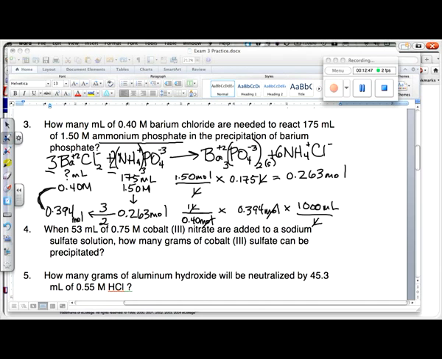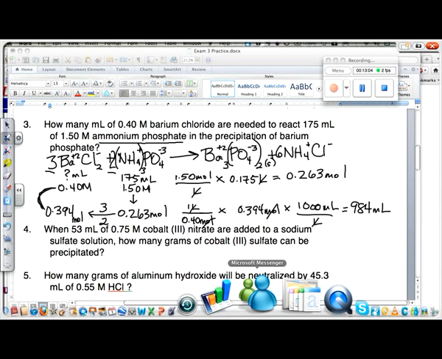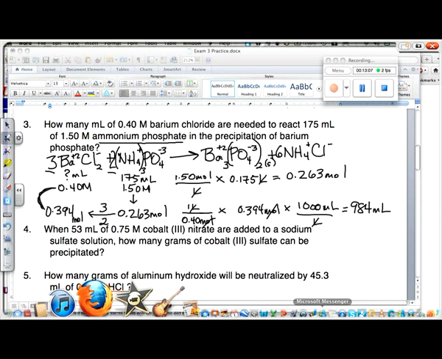And I end up with 984 milliliters. I'm going to check that one more time. It looks about right given the big difference in the molarities, 1.5 versus 0.4, but I just want to double check it because it just does seem a little large.